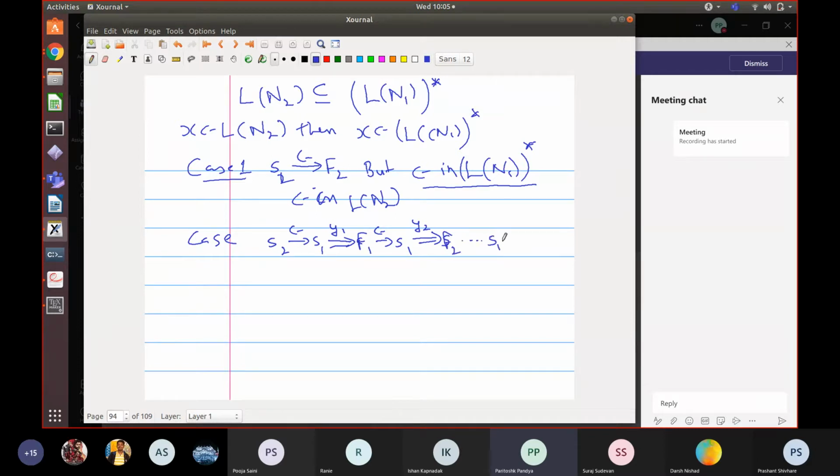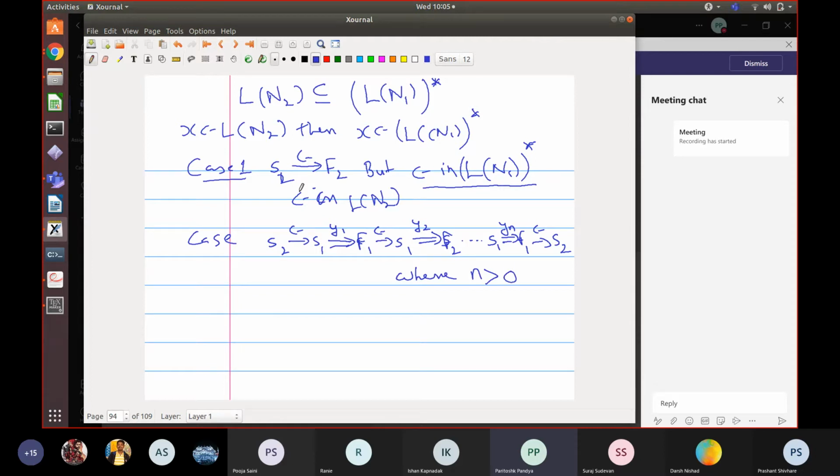You will again be in S1, then on some Yn, you will go to F1, and then you will take an epsilon transition, go to S2. So my claim is that this holds for all the runs where n is greater than 0.